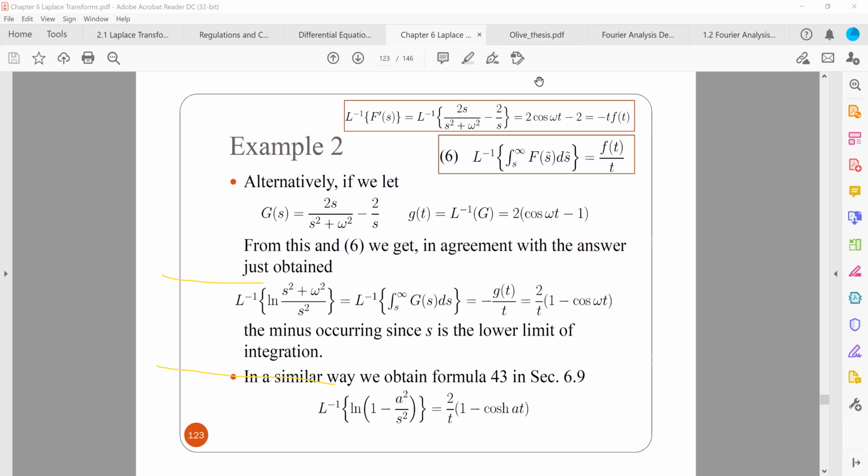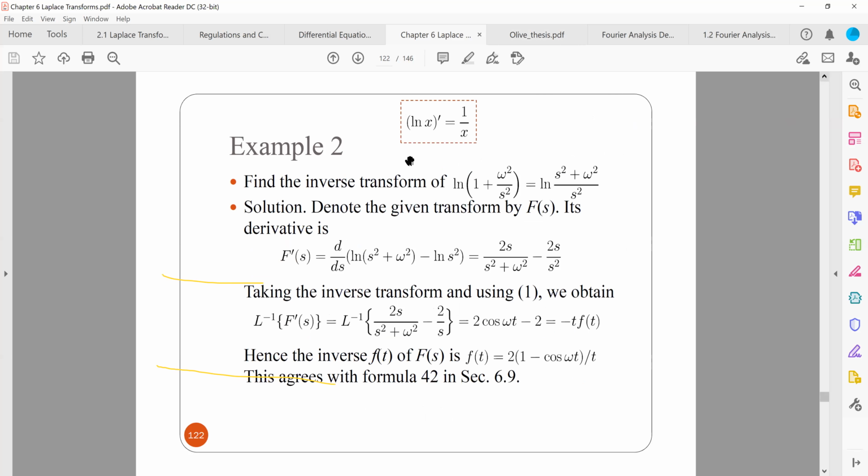If you simplify that ln and collect the like terms, such that you have s squared minus a squared over s squared, and you simplify the ln, you'll have ln of s squared minus a squared minus ln of s squared, isn't it? Which is what is here.